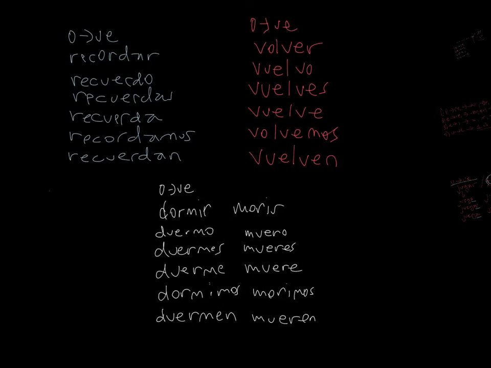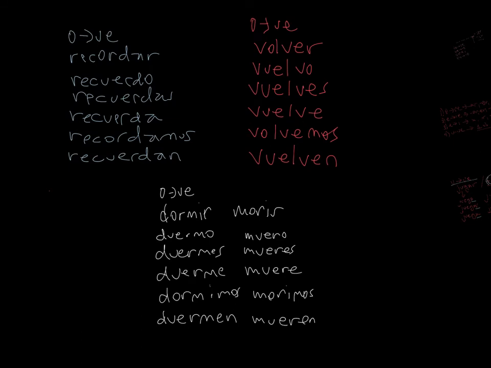And then we have dormir. So here we have the AR ending. Here we have the ER ending example. And here we have the IR ending examples. I gave you two examples because there just happens to be two verbs of these.